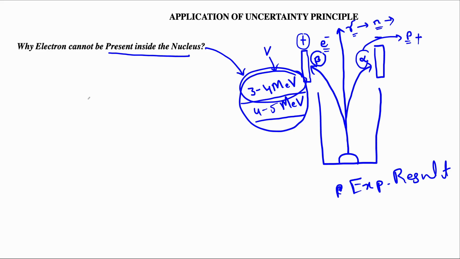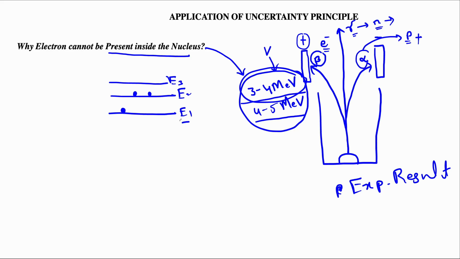Let me take some small example. For example, let us consider different orbitals, name them as E1, E2 and E3. In E1 energy level there may be one electron, in E2 we have two electrons, E3 is empty.